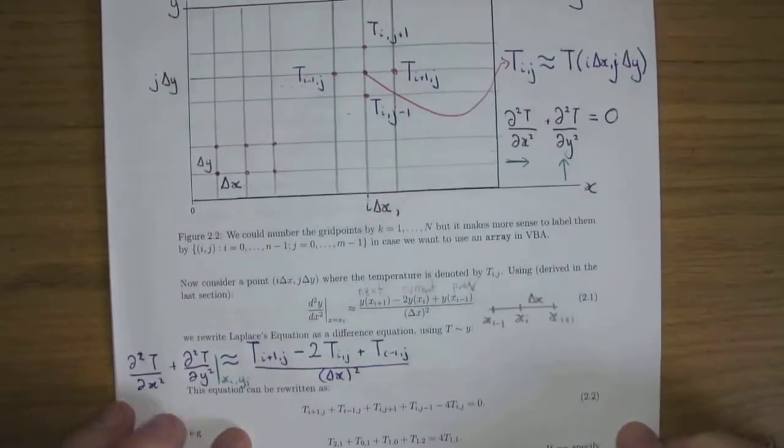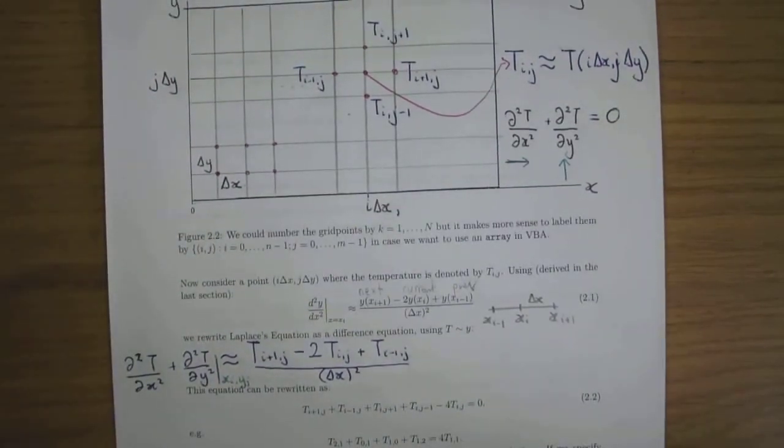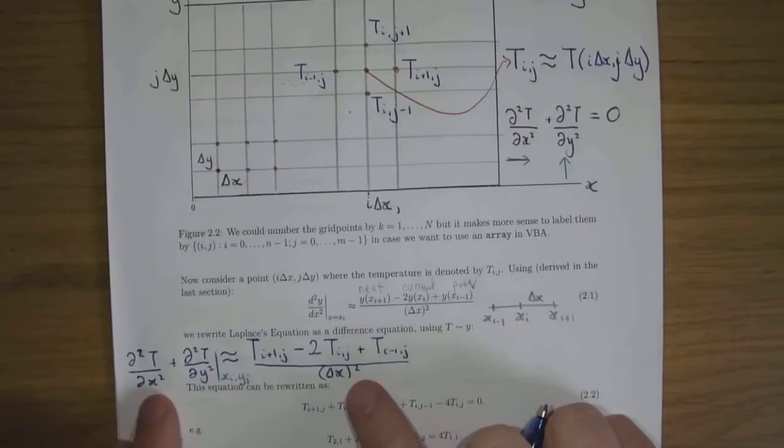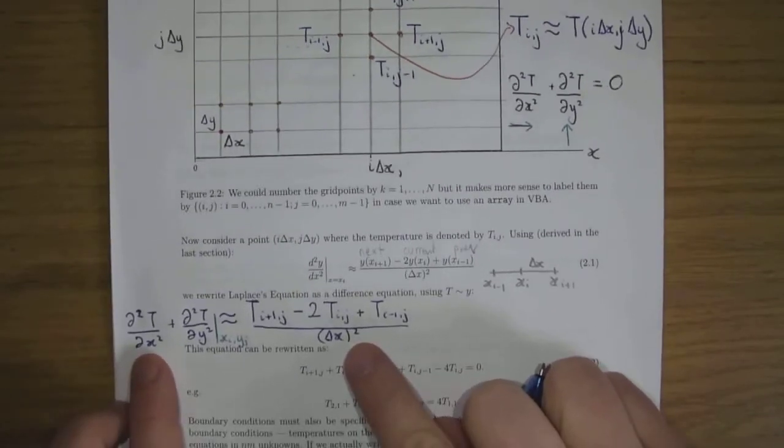Now, if I give you the dimensions of the plate and say they are 60 centimeters by 60 centimeters, and you take, I ask for a 3 by 3 grid, then delta x would be 20 centimeters. But this one is just abstract. Okay, so that's the approximation of the second derivative with respect to x.